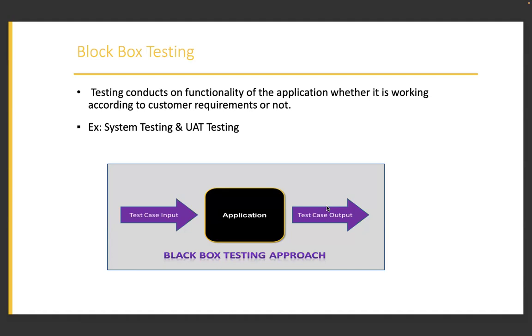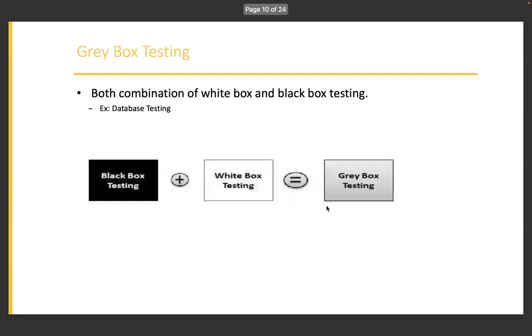They are not dealing with any code logic or flow diagram. They are bothered only about: I have passed some value, I have clicked on this, I should be able to perform this action. So that's black box testing, guys.